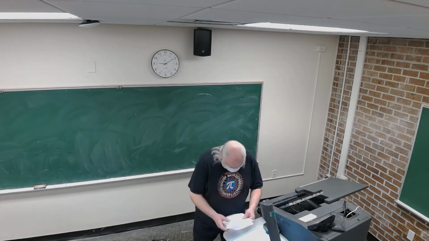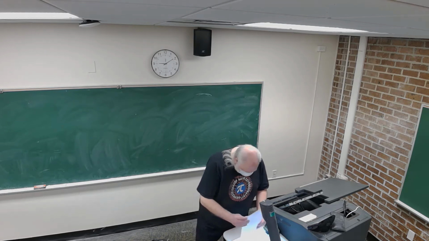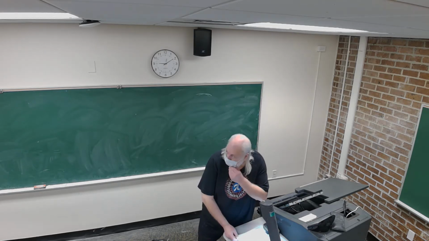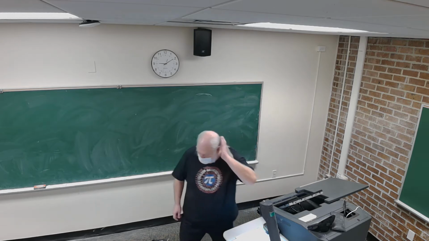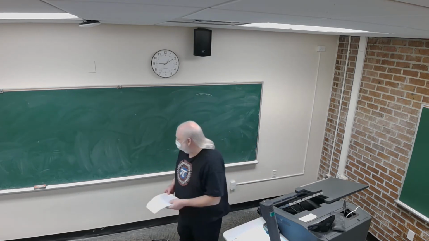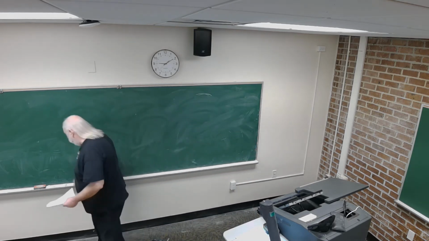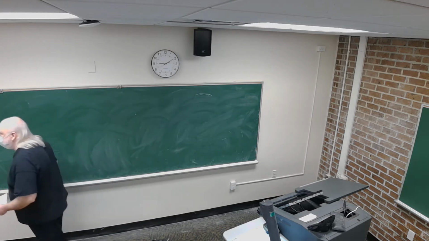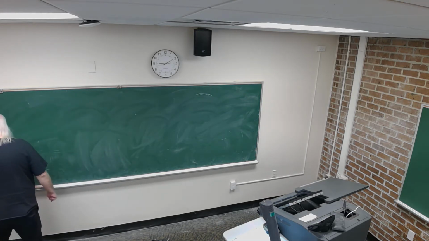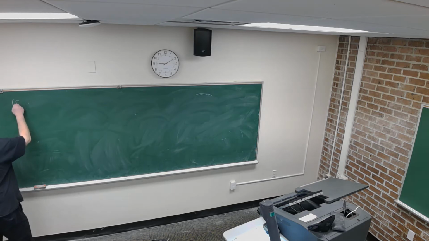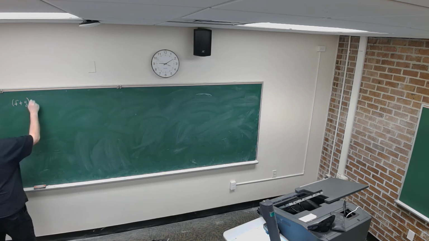So if you flip over your page to the top of page 2, we're still continuing with example 1 on the previous page. We have to evaluate f plus g of 5.